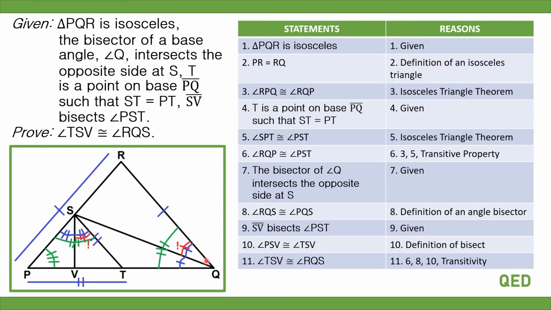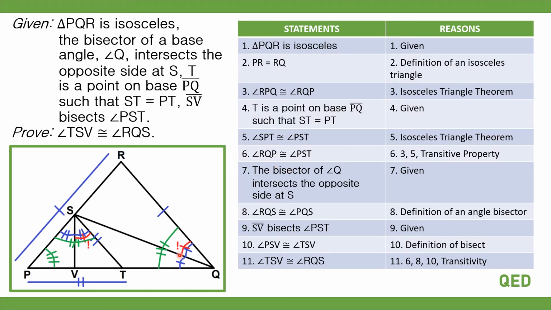We were given that T is a point on base line segment PQ such that ST is equal to PT. The consequence of that is statement number 5. Angle SPT is congruent to angle PST by the isosceles triangle theorem.